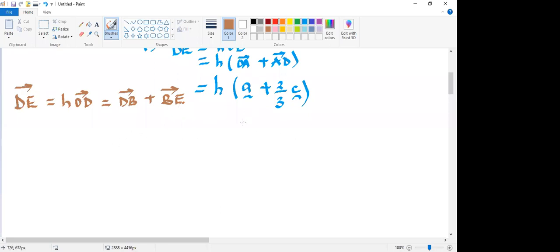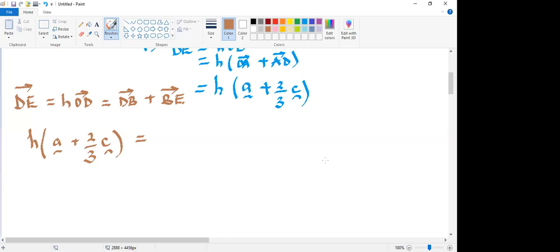Then from there we can get the DB. We can substitute for OD. We already have H times OD here in our work. It is on this page. Yes, it is H times OD, and it is A plus 2/3 C. And what is DB?